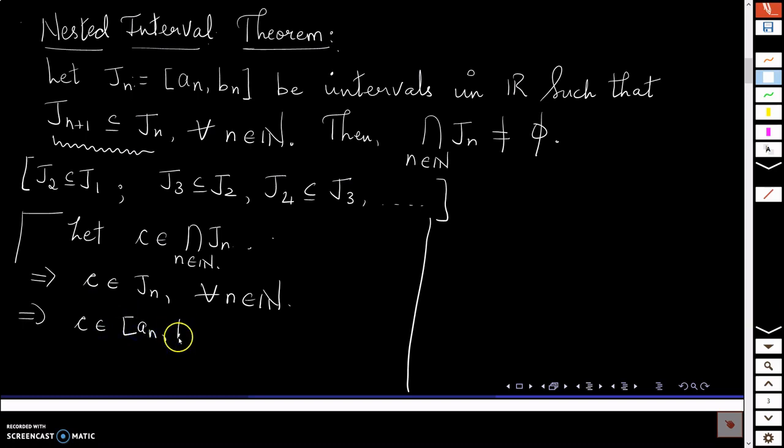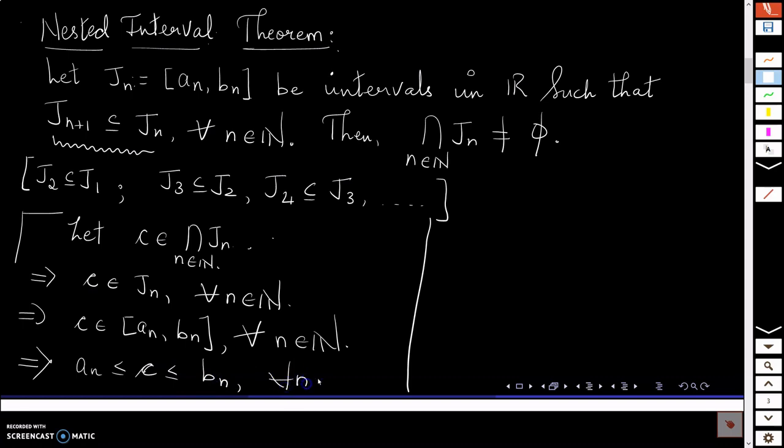That means the point C is there in the intervals [an, bn] for all natural numbers n, right? And when do we say that a point C is coming in the closed interval? By the definition of the closed interval, this means an must be less than or equal to C, that is must be less than or equal to bn for each n, right?